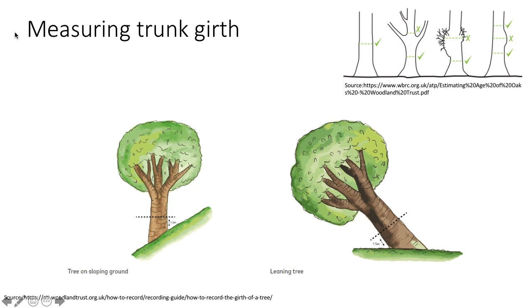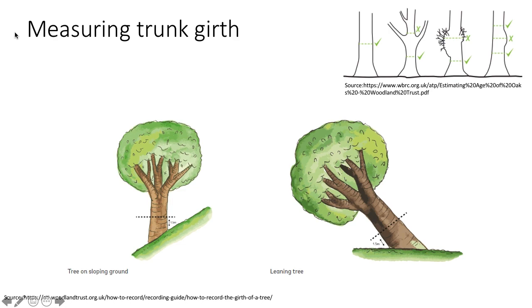So it's better to try not to include those. You're trying to get to the smallest part of the trunk, the smallest girth, before it starts branching. And again, the last picture also shows a growth on the side of the tree, so you would either measure above or below that.